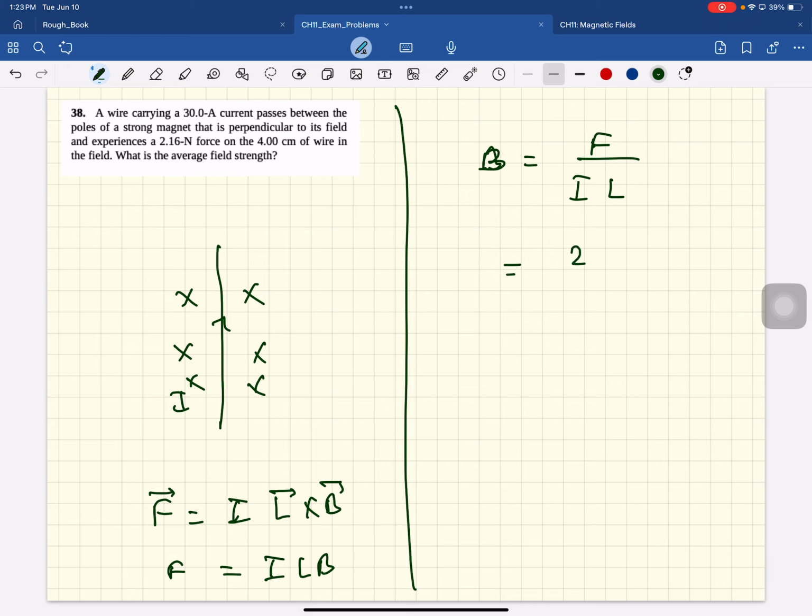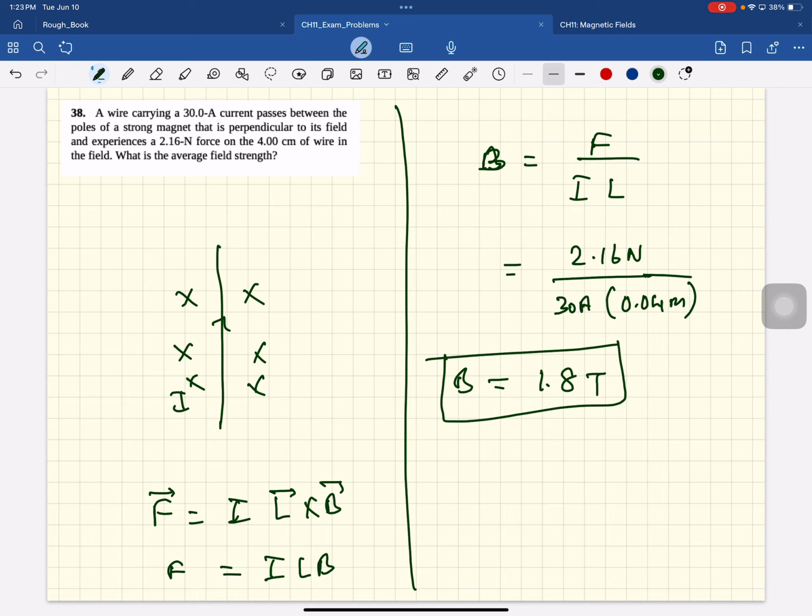So the force is 2.16 newtons, the current is 30 amps, and 0.04 meters. So 1.8 Tesla. Okay, so that's a very strong field.